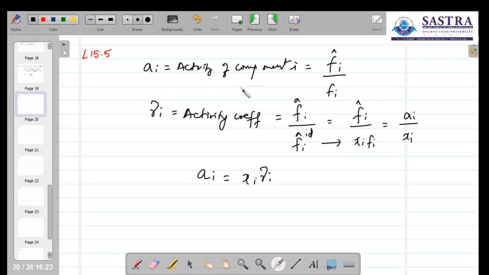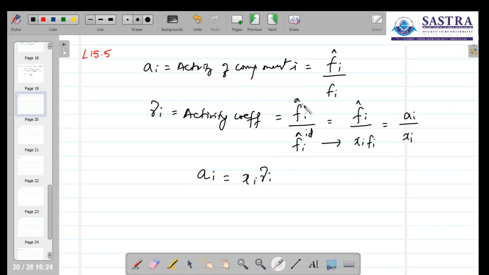In both the cases the numerator is the fugacity of the component in the solution, but in terms of activity the reference that is being taken is with respect to the component's own fugacity, whereas in terms of activity coefficient the reference is taken in terms of the fugacity of the component in an ideal solution.